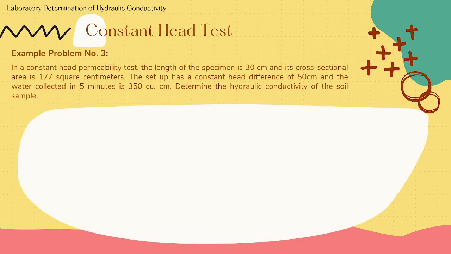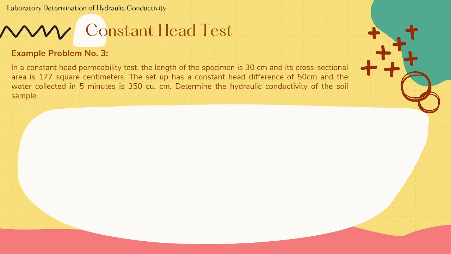Okay, so let's have an example problem. In a constant head permeability test, the length of the specimen is 30 centimeters, and its cross-sectional area is 177 square centimeters. The setup has a constant head difference of 50 centimeters, and the water collected in 5 minutes is 350 cubic centimeters.